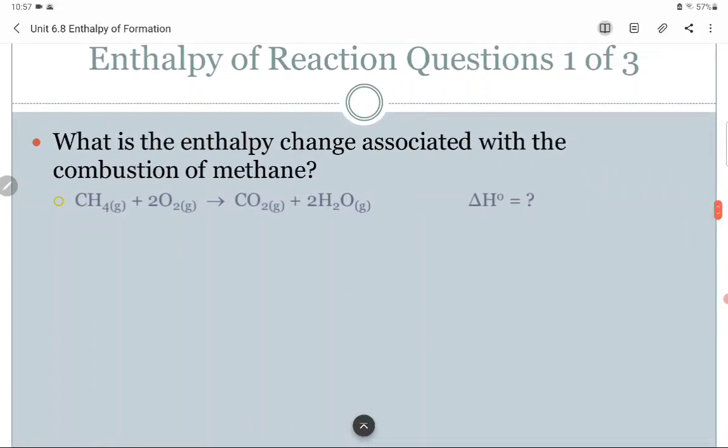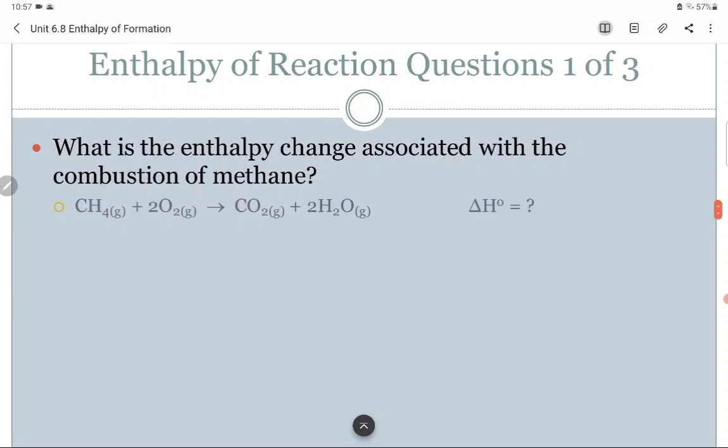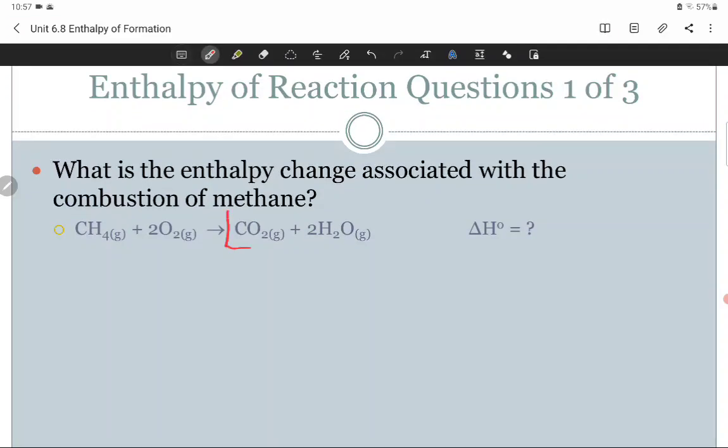And this would be a typical question. So if you remember correctly, the equation is the summation of all the products. So let's do the products first. So we'd have to go back to the back of the book and find carbon dioxide gas, not liquid, not solid, but gas. And then we'd find water's value as a gas, but multiply it by 2 because there's a coefficient of 2.